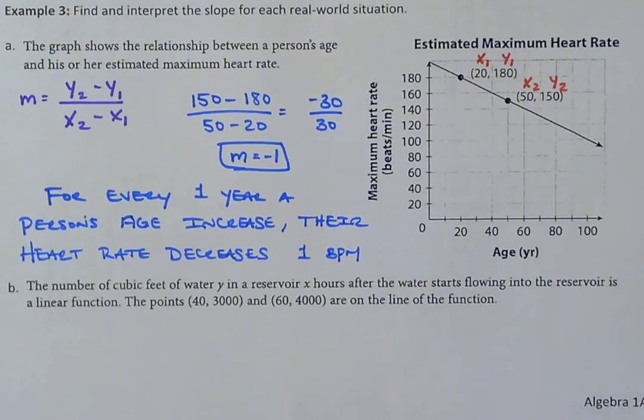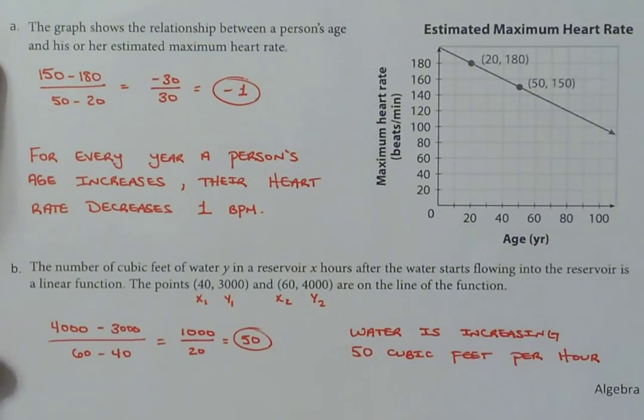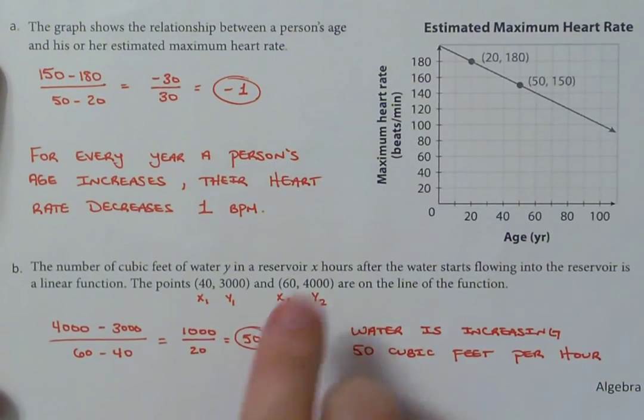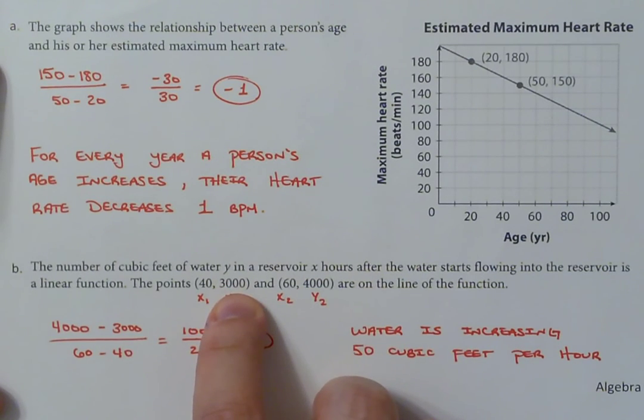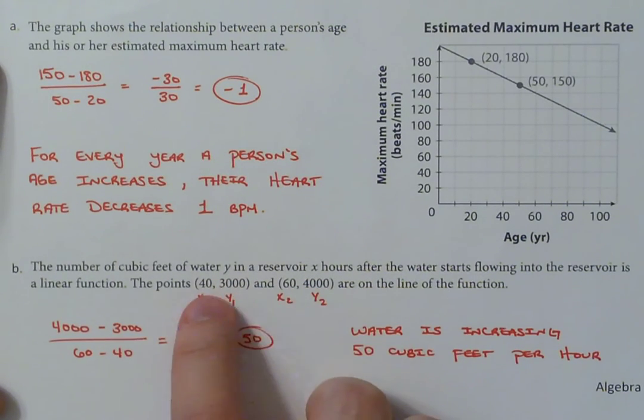All right, and then if we looked at B, you would just run through the same thing. So they give you 2 points. So you would identify your x1, y1, your x2, y2. You would use your slope formula like such. So we would end up doing 4,000 minus 3,000 over 60 minus 40.